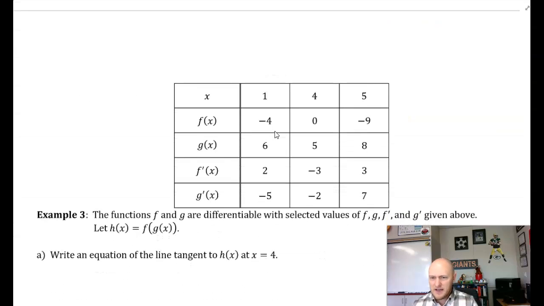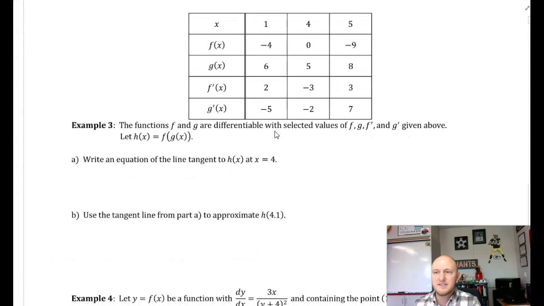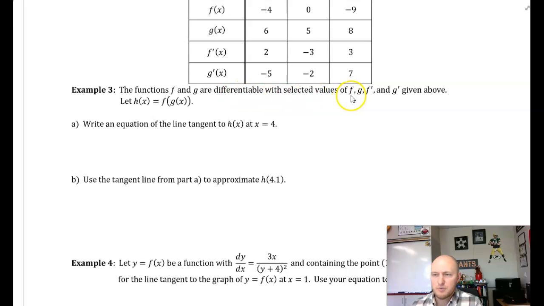All right, so let's look at applications of this through the lens of a tabular problem, where I have given x values, function values, and derivatives at those x values. In example 3, the functions f and g are differentiable with selected values of f, g, f prime, and g prime given above.